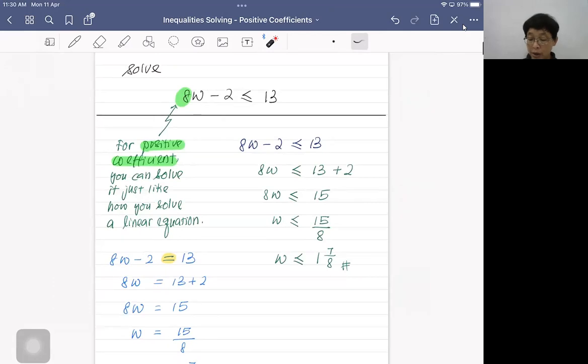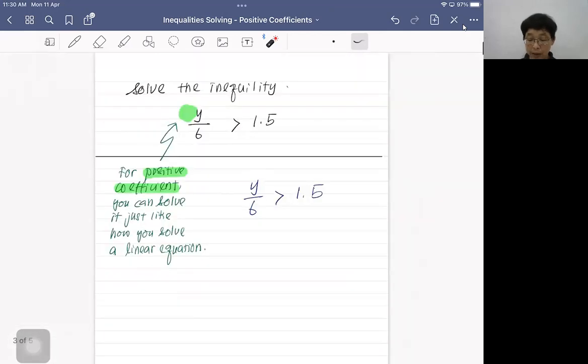All right, so now to get a better understanding, I give you the second example. y divided by 6 bigger than 1.5. As I also set it here for your easy and happy learning, for positive coefficient, you can solve it just like how you solve a linear equation.